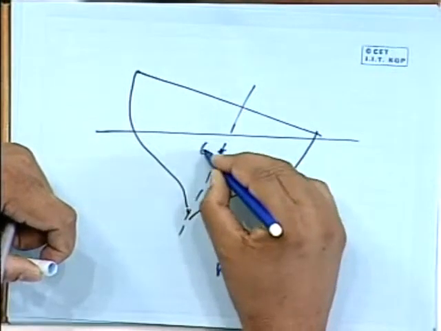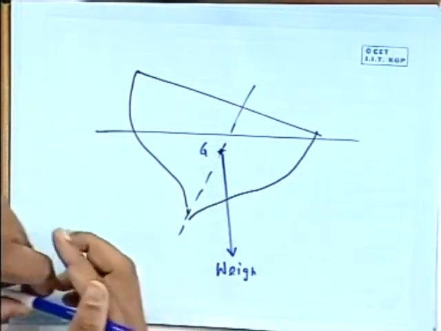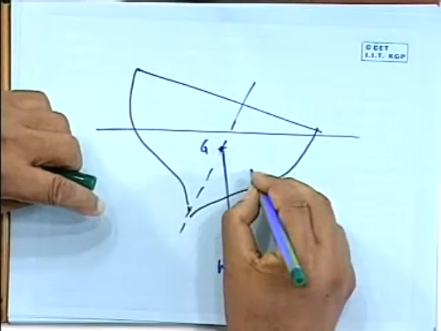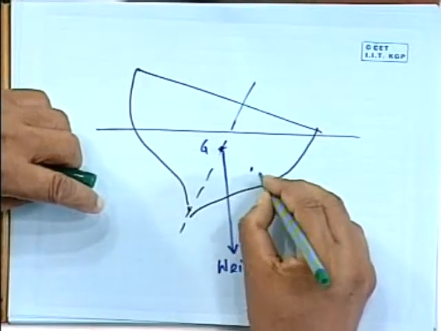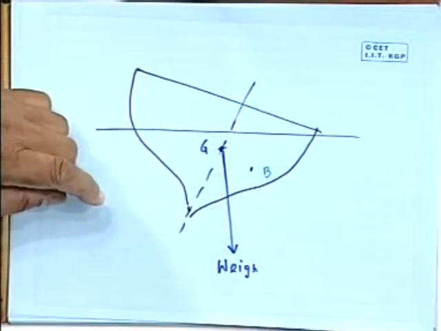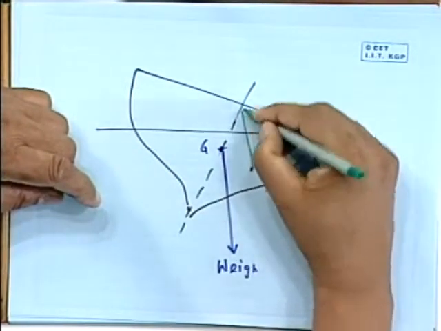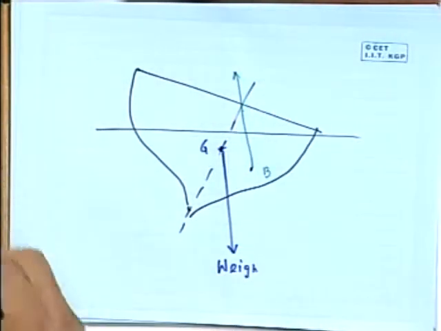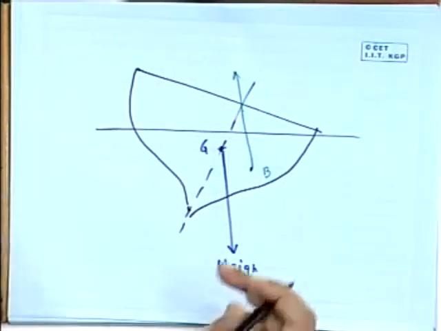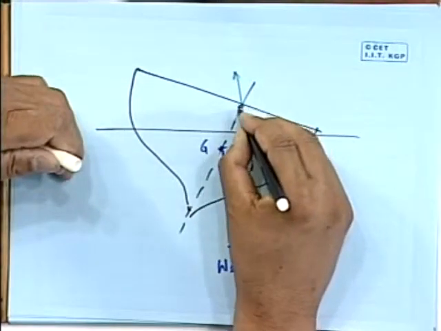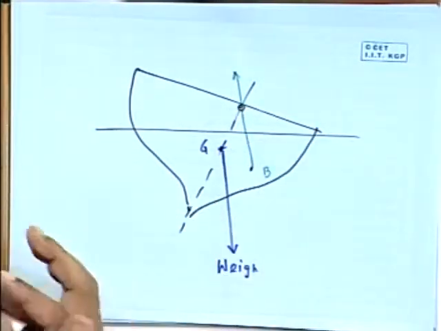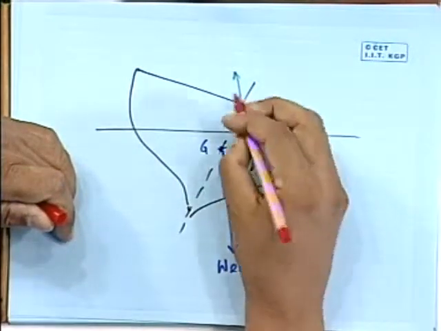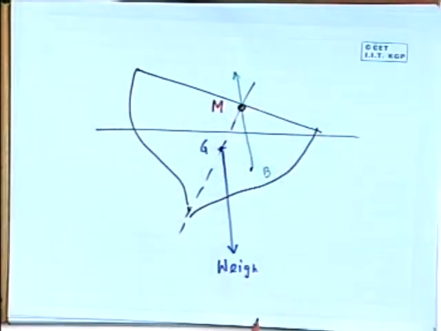This is my center of gravity G. There is a point here, which is my center of buoyancy B. So this is acting. Let me call another point, which people call M.